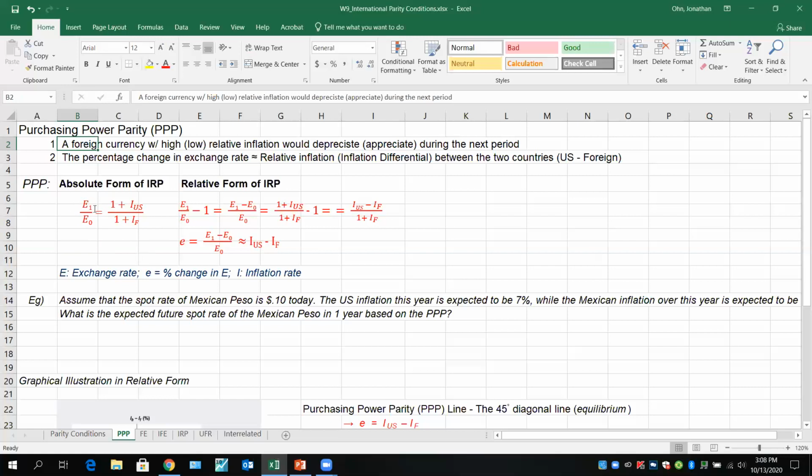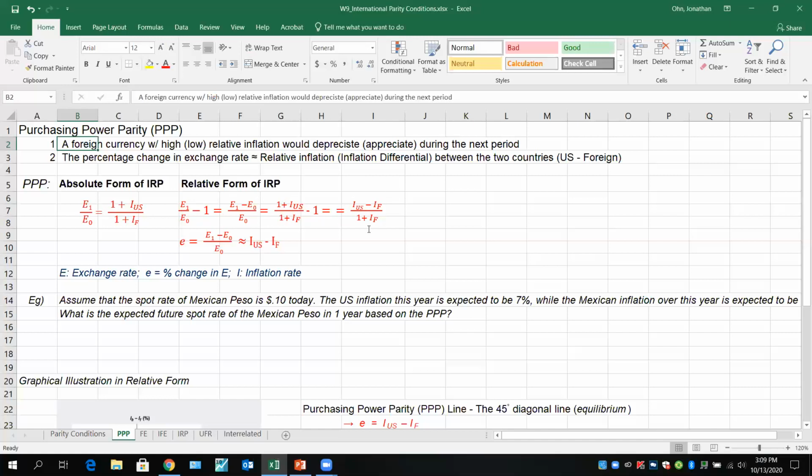So E1 over E0 is 1 plus inflation US over 1 plus inflation foreign country. Now, to change this absolute form to the relative form, you simply subtract 1 from both sides. So E1 minus E0 over E0, that's the percentage change in exchange rate. And the right-hand side, if you subtract 1, you will have I US minus IF over 1 plus IF.